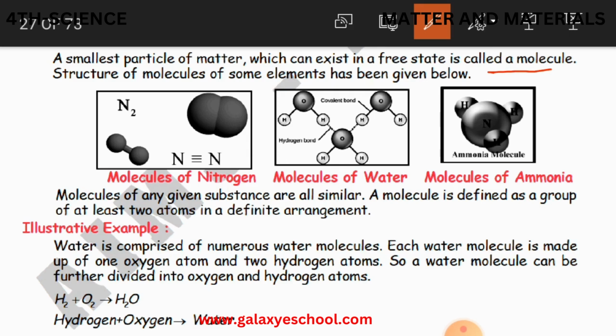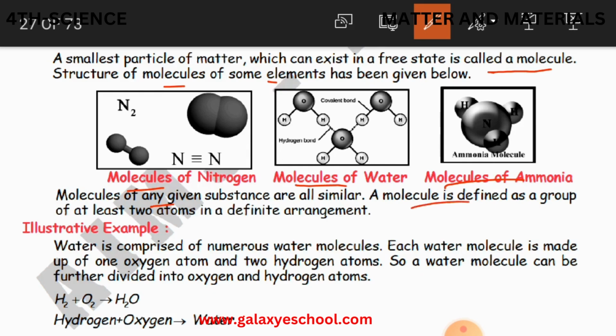The structure of the molecules of some elements is given here. You can see the molecules of nitrogen, the molecules of water, and the molecules of ammonia. Molecules of any given substance are all similar, they are all the same.